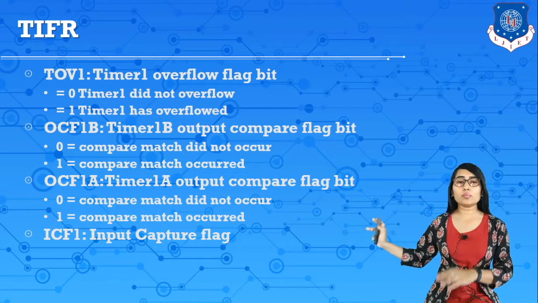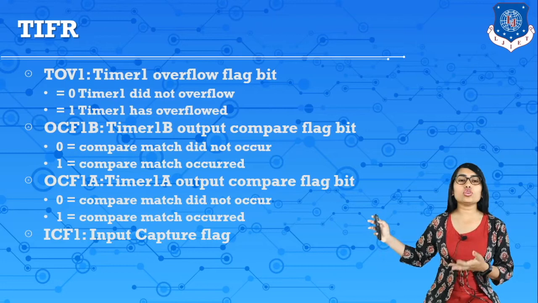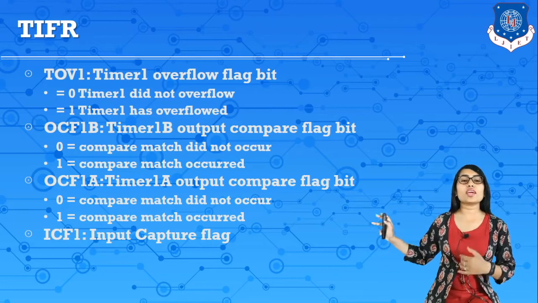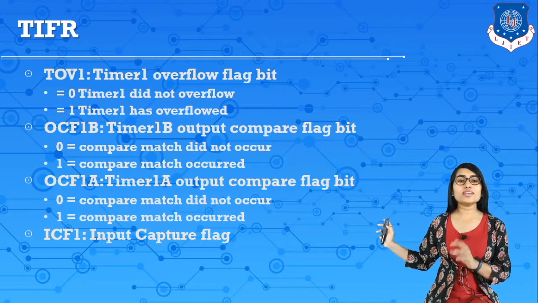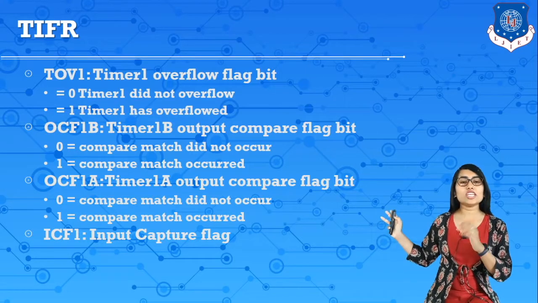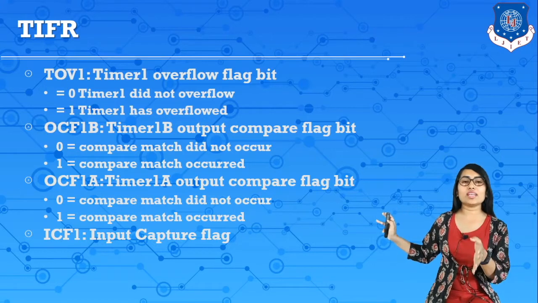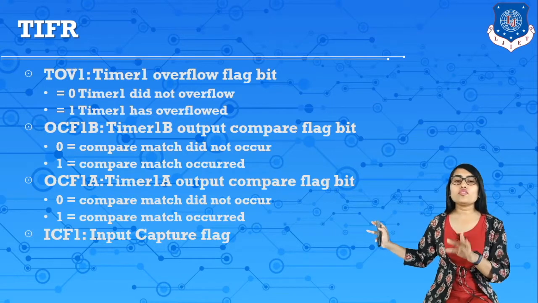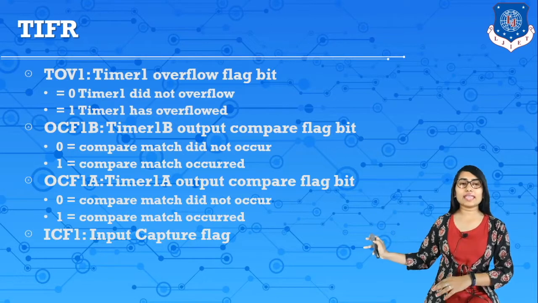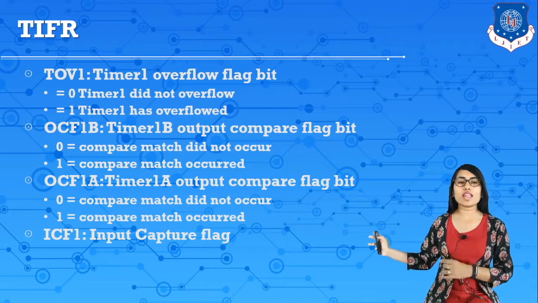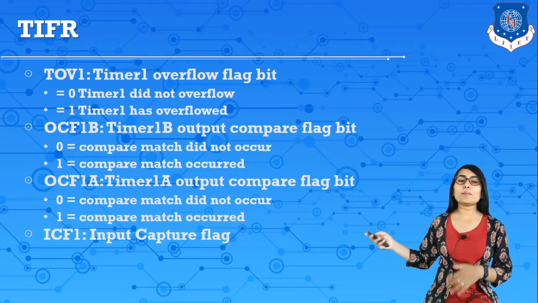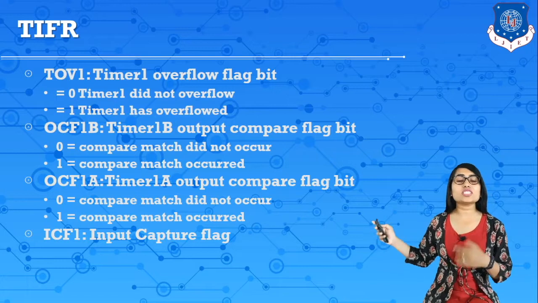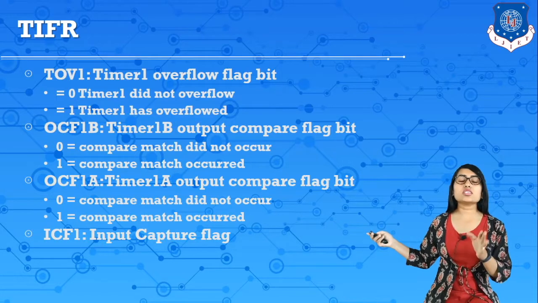OCF1B, the timer 1B output compare flag: 0 means compare match did not occur, 1 means compare match occurred. As timer 1 is 16 bit, it is divided into two parts of 8 bit, timer 1A and timer 1B. So OCF1A, the timer 1A output compare flag bit: 0 means compare match did not occur, 1 means it occurred. ICF1 is the input capture flag. This is the special function of timer 1.